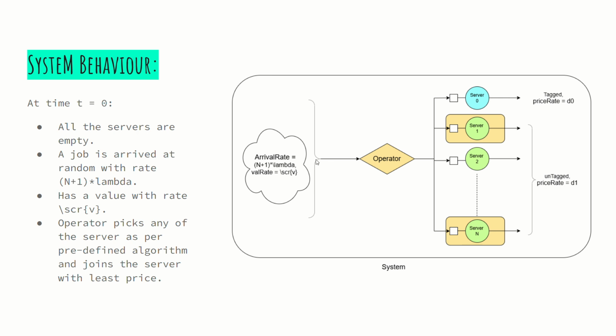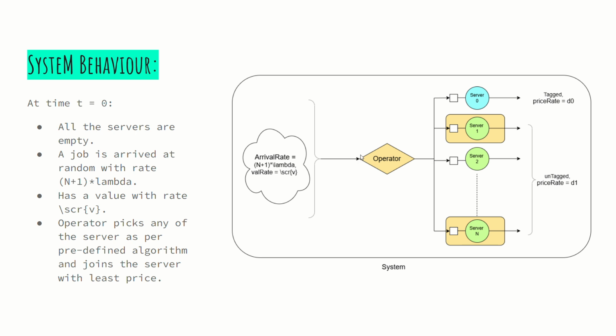When this job arrives, the controller selects two out of the n plus 1 total servers at random, and inquires the value of the job as well as the prices of the two selected servers. If the value of this job exceeds both the prices, the operator selects the server with the minimum price and assigns the job to it if it is idle.